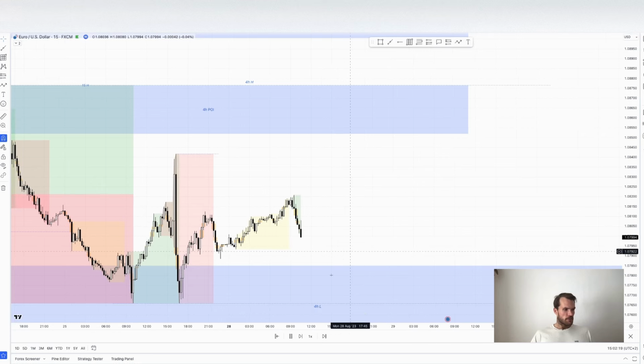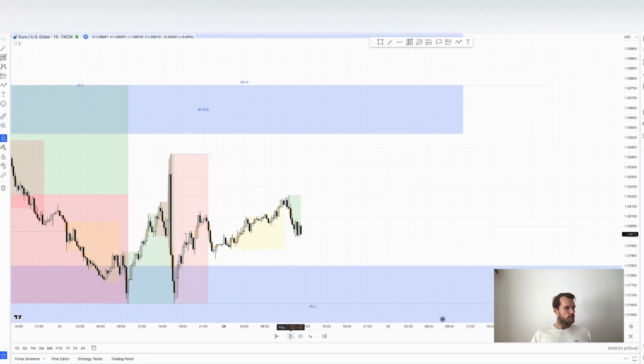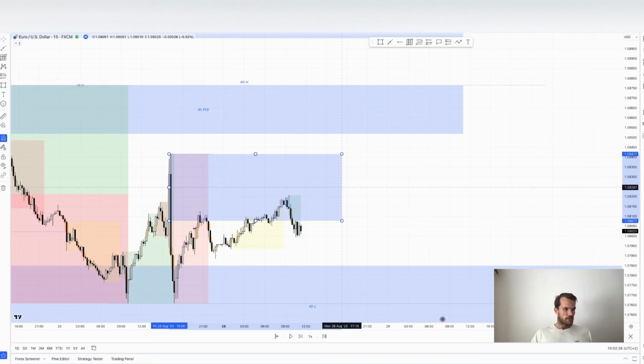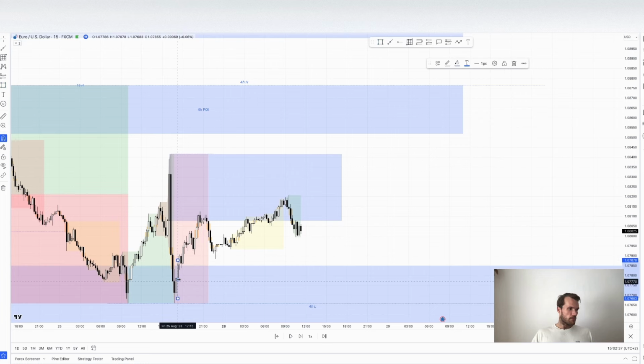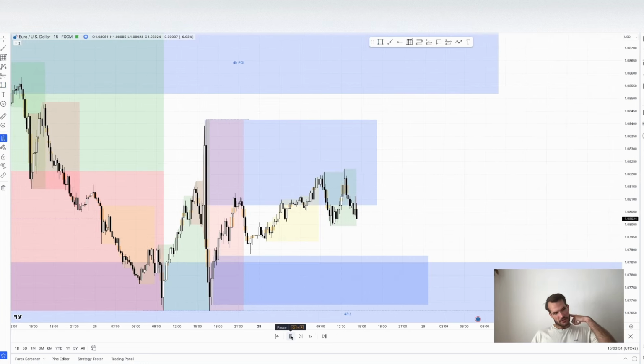Okay, Mondays. What I'll just mark out, realistically, we're trading between this supply that's caused chalk in here and this demand that's swept slightly. But neither is really high probability, so it's nothing I'm really interested in, to be honest.